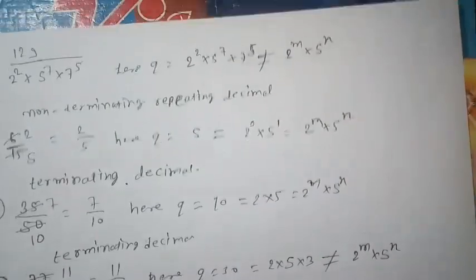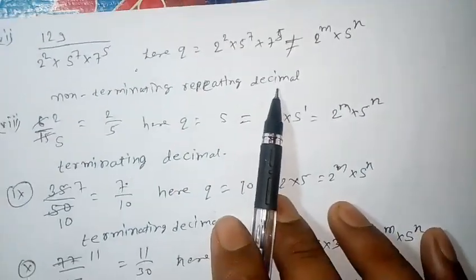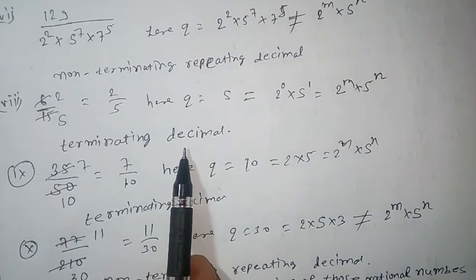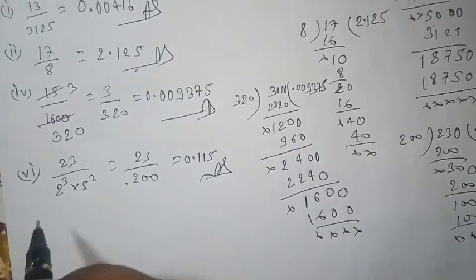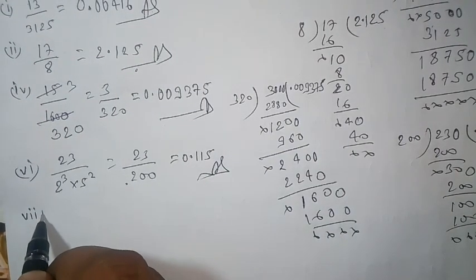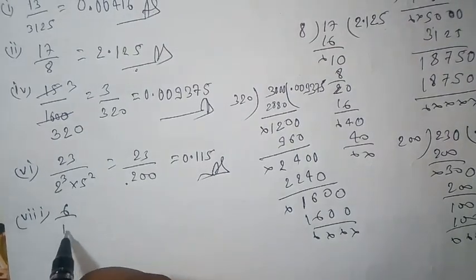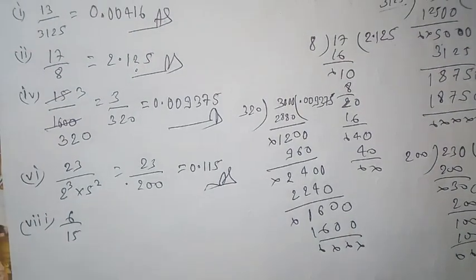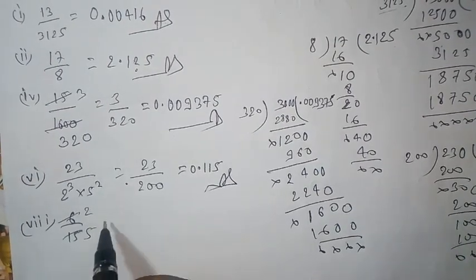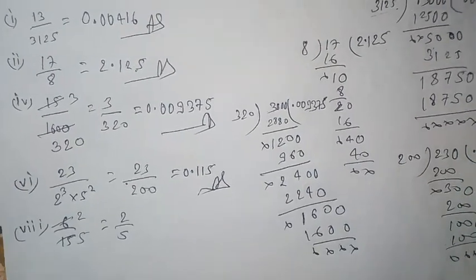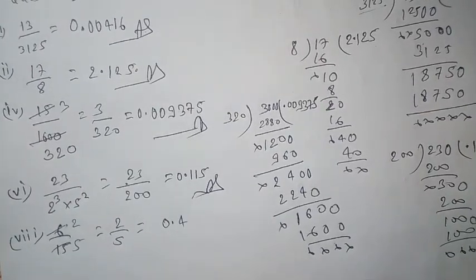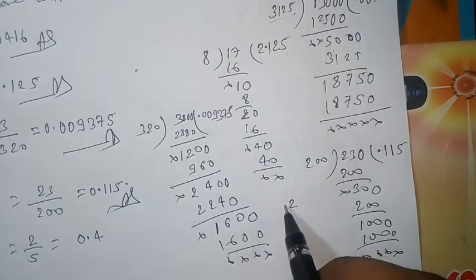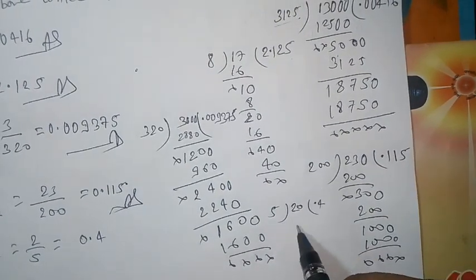Question number 7 is also a non-terminating repeating decimal. Question number 8 is a terminating decimal. 6 by 15. Simplify first. 3 twos are 6, 3 fives are 15, so 2 by 5. Now I divide 2 by 5, and the decimal is 0.4.